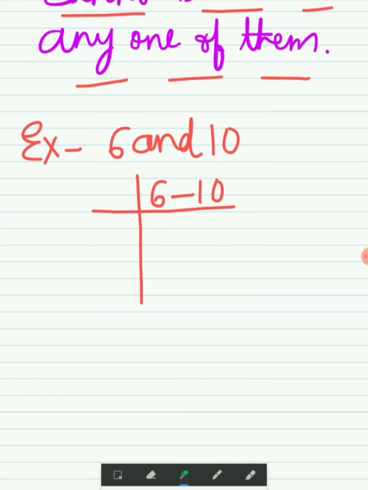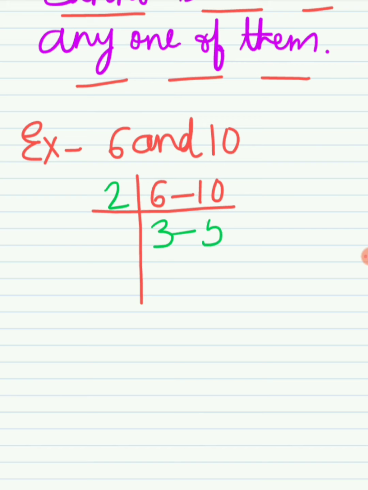Otherwise you can use the first property, the LCM of two co-prime numbers is their product. Now see here, 2 threes are 6, 2 fives are 10. Now we can't proceed; we write 3 ones are 3 and 5 ones are 5. You have to stop here because 3 and 5 are co-prime numbers.